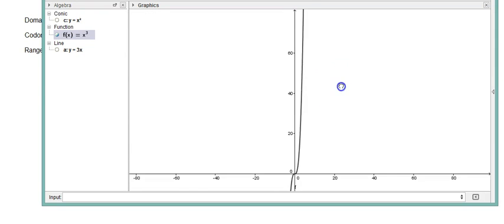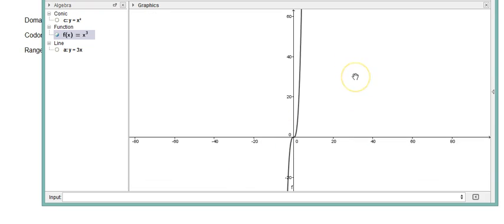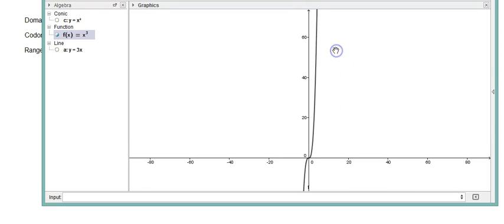So this is how we can identify domain and range if a graph is given. Domain represents values of x, all the values we are going to take on the x-axis, and range will represent all the values of y, values taken on the y-axis.